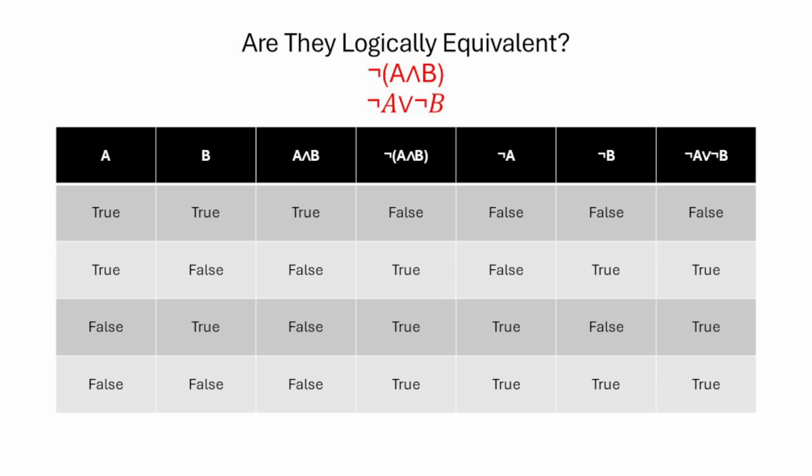So as we can see, the truth value of not (A and B) matches completely with the truth value of not A or not B.